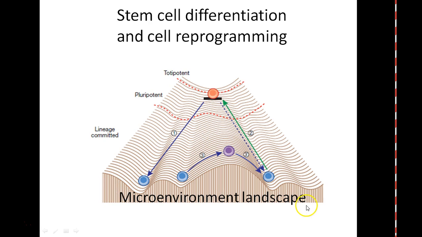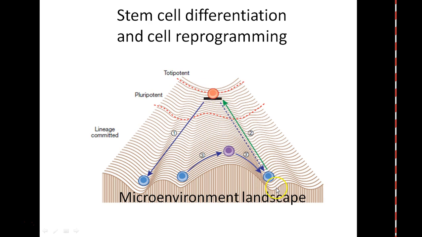So the microenvironment of the tissue determines what type of cell will be here or here.